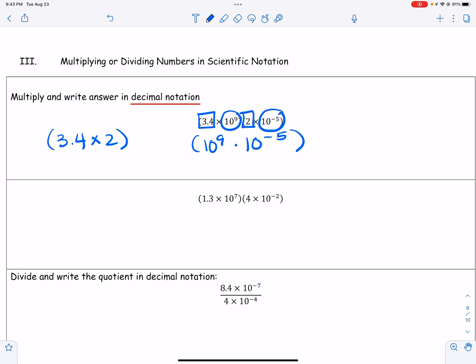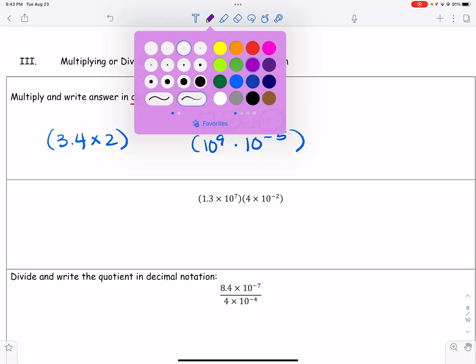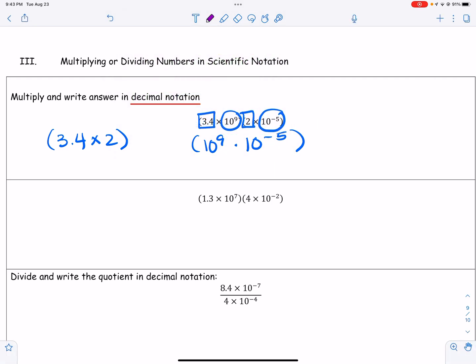By multiplying like bases, you write the base and you add the exponents. So 3.4 times 2 is 6.8 times, write the base, 9 plus -5 is +4.